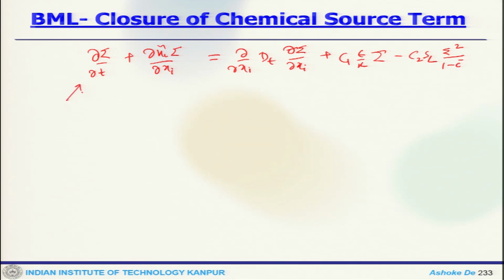So, this is our local change, this is convective change of the flame surface, this is turbulent transport, this is production due to stretching of the flame, and this is flame annihilation. When you look at this, it is the transport equation of sigma, the flame surface density. The left hand side looks like any other transport equation, then on the right hand side you have a diffusivity, production term due to flame stretch, and the other terms and the detailed analysis will continue in the next lecture. So, we will stop here today.